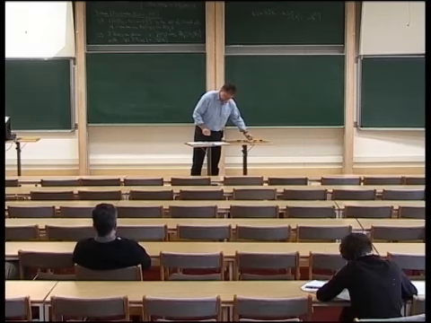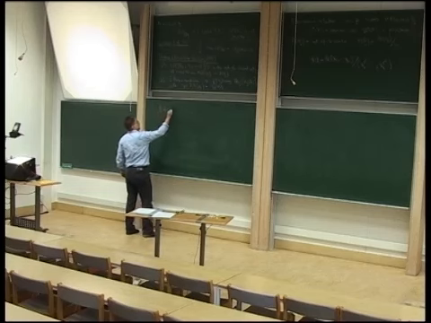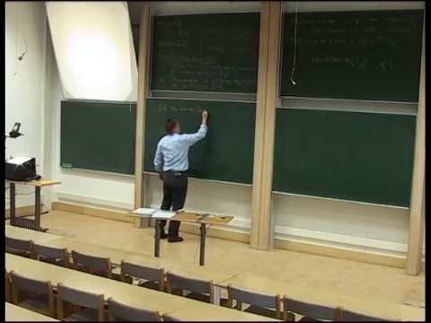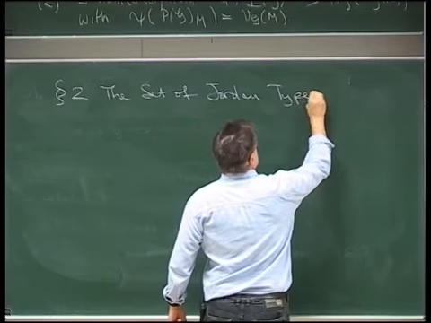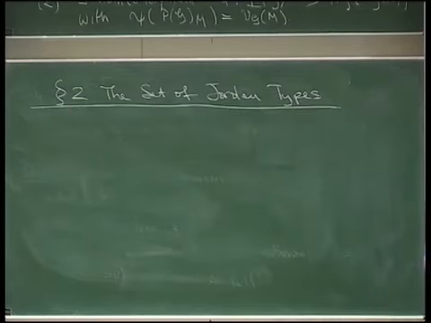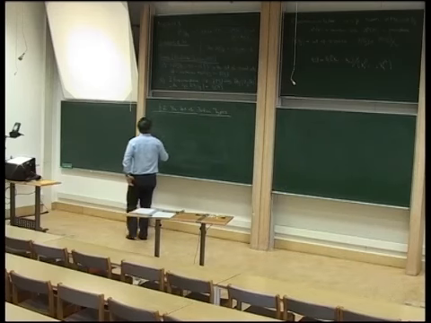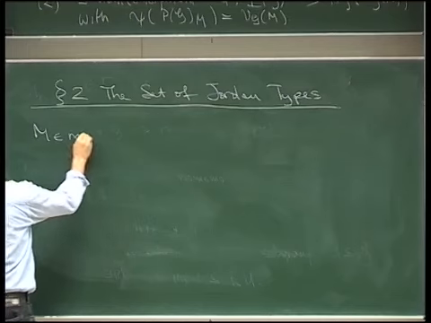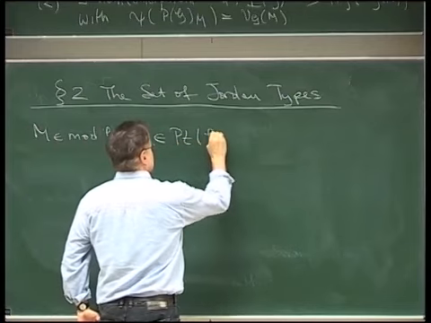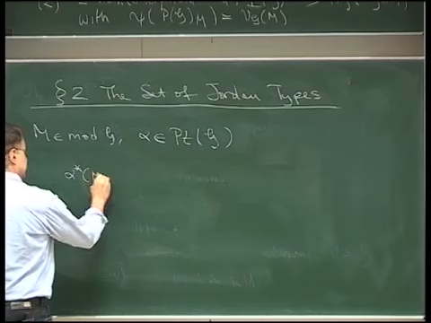Yes, so what I would like to talk about now is the set of Jordan types. So instead of asking whether the pullback is projective or not, we can look at its isomorphism class. So if M is a G-module and alpha is a p-point, you can ask yourself, what is alpha star of M?